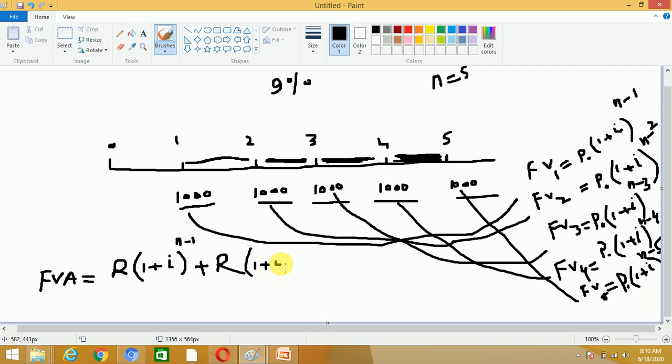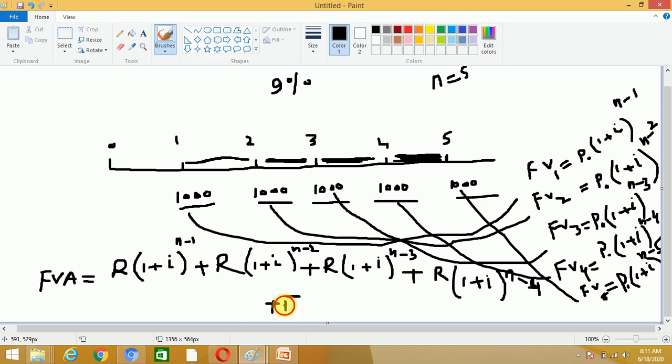R (1 plus I) raised to the power n minus 2, plus the third one, R (1 plus I) raised to the power n minus 3, plus the fourth one, R (1 plus I) raised to the power n minus 4, and the last one is plus R (1 plus I) raised to the power n minus n.